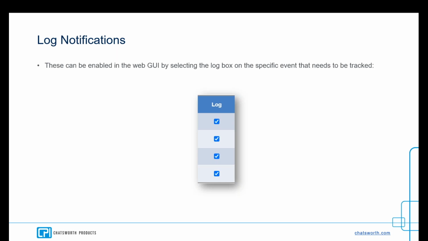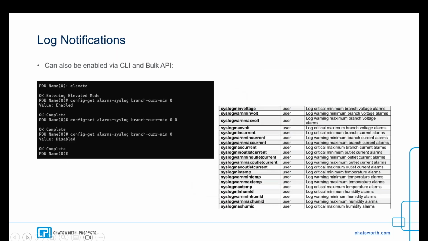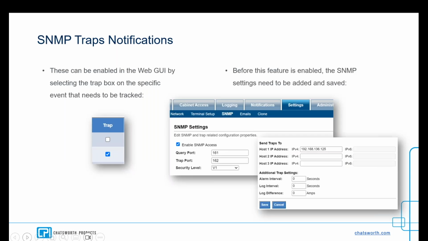Most likely, these are already set up by default in the routing section of your PDU, as shown in the Web GUI example on this slide. These can also be enabled via CLI and Bulk API, as shown on this slide. And our CLI and Bulk API manuals will include commands that you will need for enabling or disabling this type of notification.